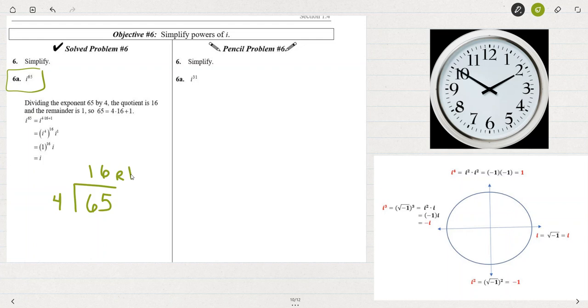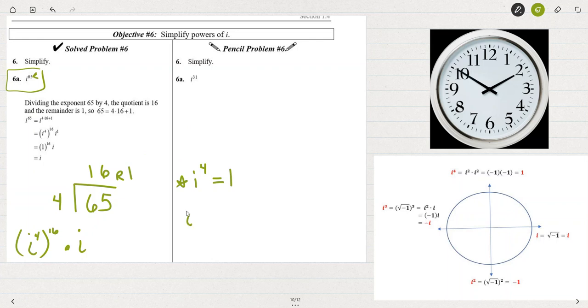So what that tells me is I could take those 65 i's and break them up into 16 i to the fourths, and then I'd have 1 i left over. Well, i to the fourth is just going to be 1.